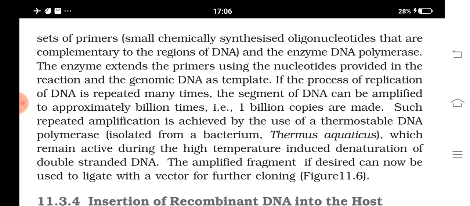After gel electrophoresis we will get our gene of interest, and then the next step is to introduce this gene of our interest into the vector or directly into the host cells.